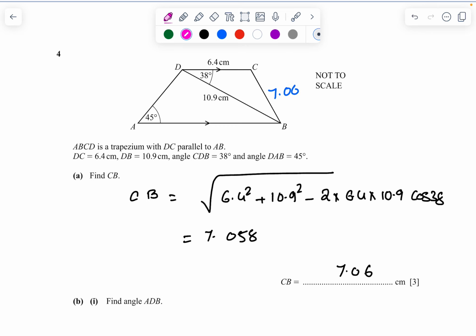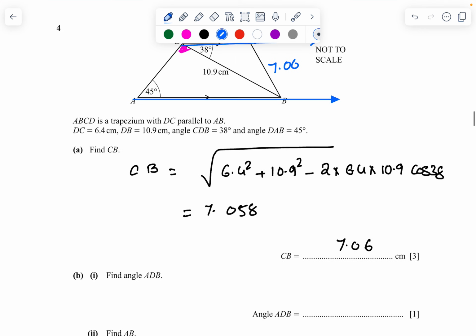Next, find angle ADB. This particular angle is being asked of us. When these two lines are parallel, the sum of the interior angles should be equal to 180 degrees.